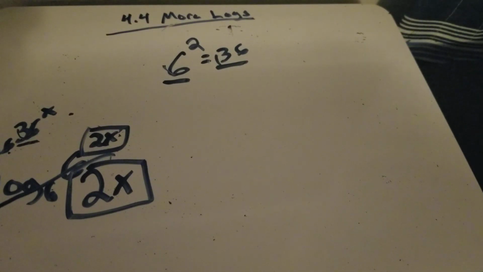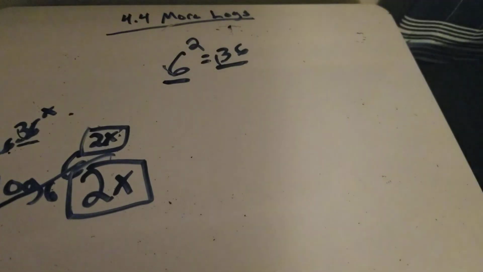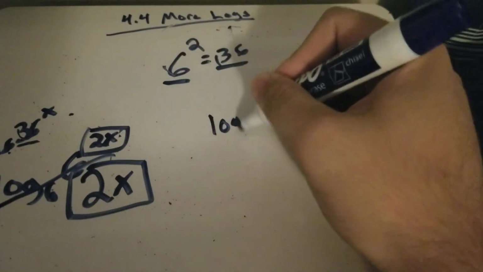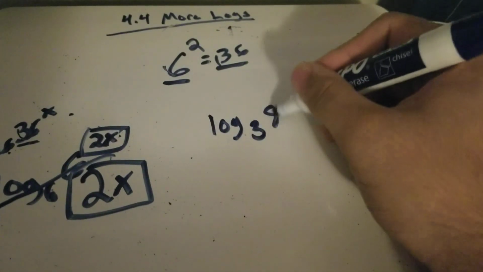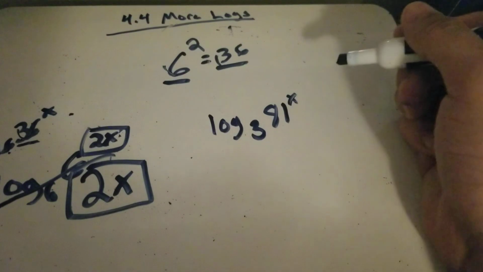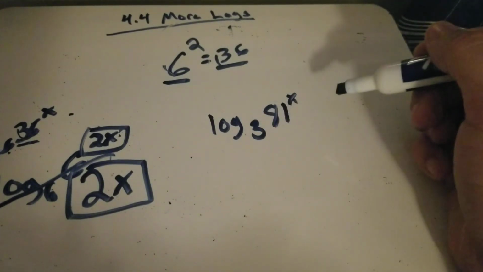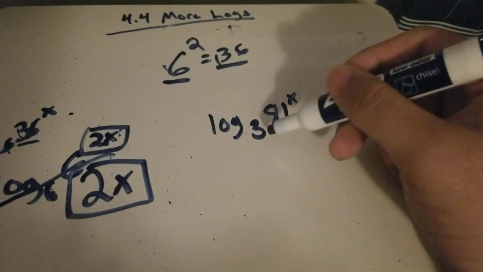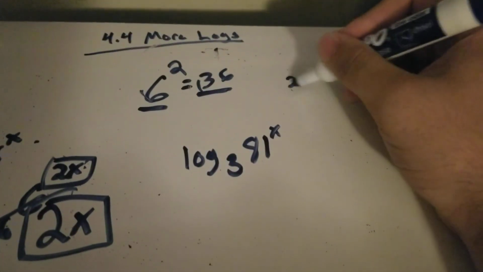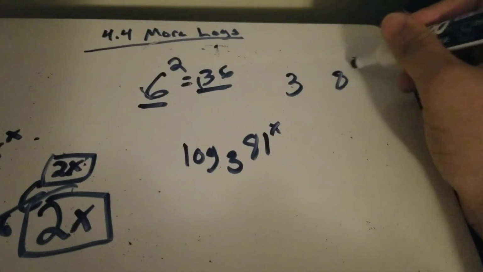33. They even circle it so they know it's a good question. So 33: log base 3, 81 to the x power. Dang, if it matched, I could cross this out. It'd be easy. So I gotta see, is there a relationship between 3 and 81?